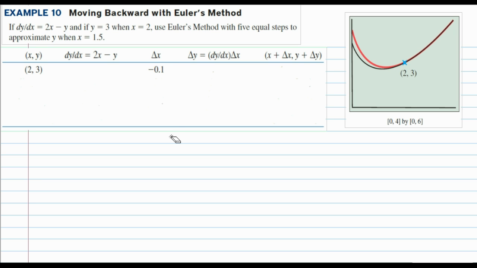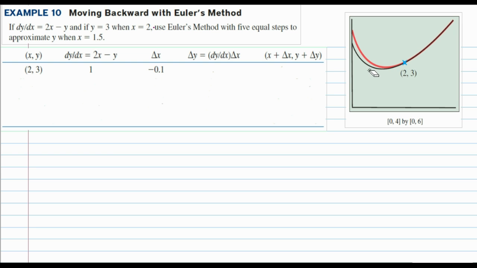Now we are moving left this time, so I'm going to move backwards 0.1, and my delta x is going to be negative 0.1. Now dy/dx is going to be 2 times my x coordinate minus my y coordinate, so I get 1. Again, we're moving backwards, so my delta x is negative 0.1.